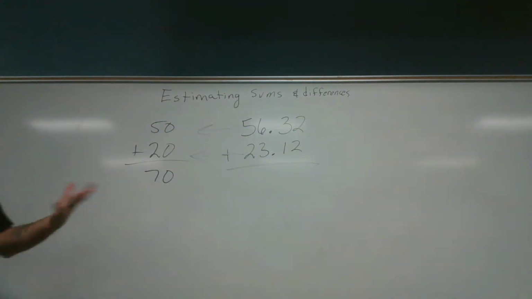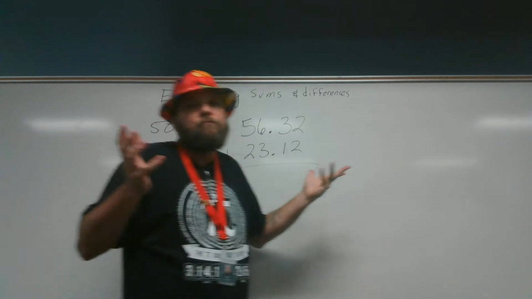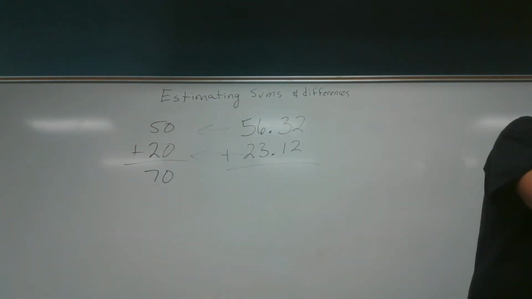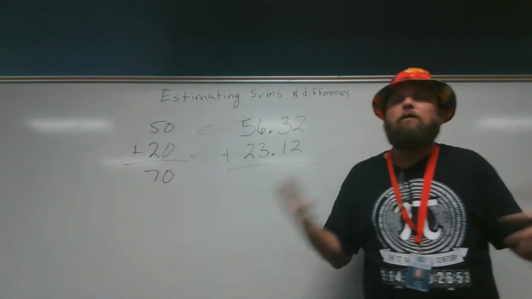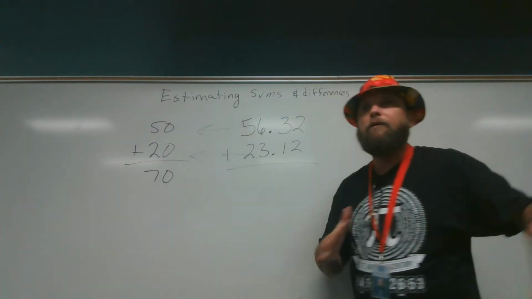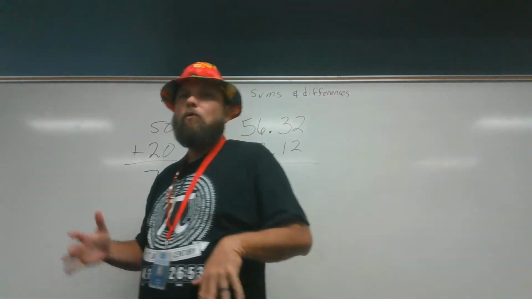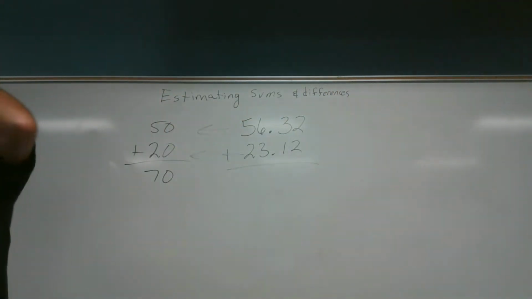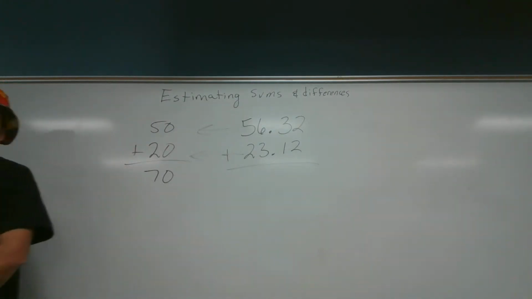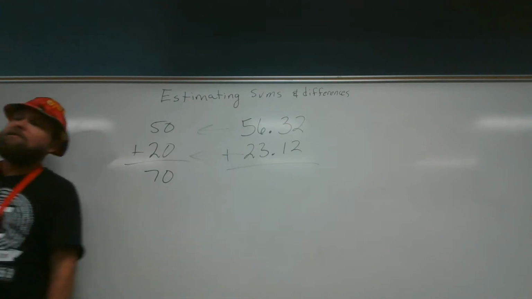But what kind of situation would you want to round down a lower amount? Obviously your weight, I always want to round my weight down lower. But what other type of situation would you want your estimate to be lower than the actual cost? When you're buying something, excellent.